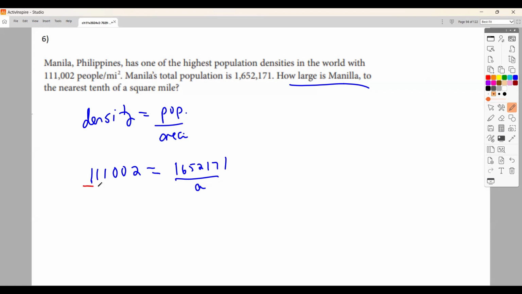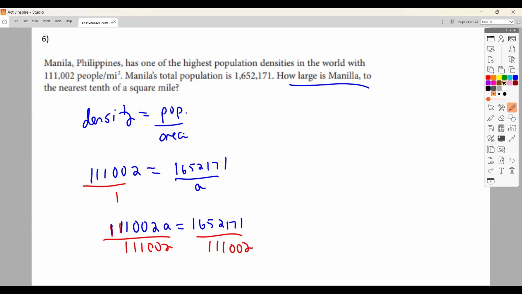So doing it like the example that I just gave you, if you cross multiply, it'll be 111,002A equals 1,652,171. And now we're going to divide both sides by the 111,002 number.